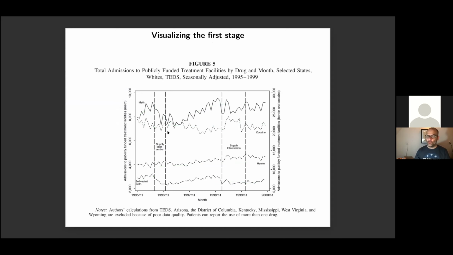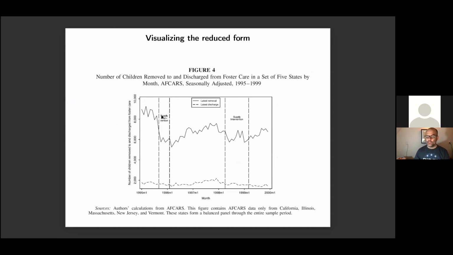Well, for the reduced form, I'm going to do the same thing. Right, so this was a project about the effect of parental methamphetamine abuse on child abuse using foster care data. Foster care in the USA is when the government removes a child from the home because of abuse.